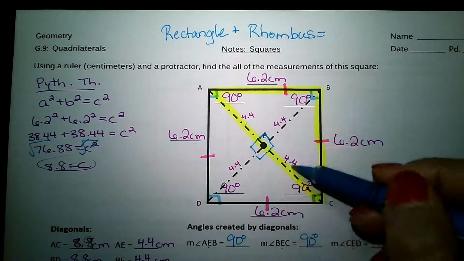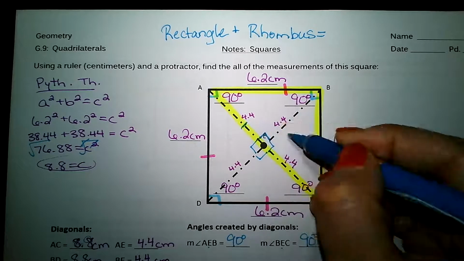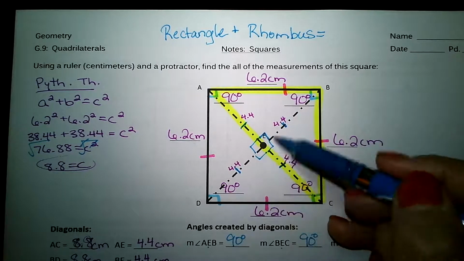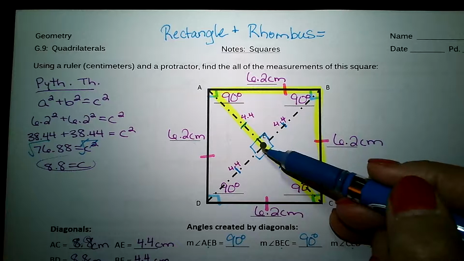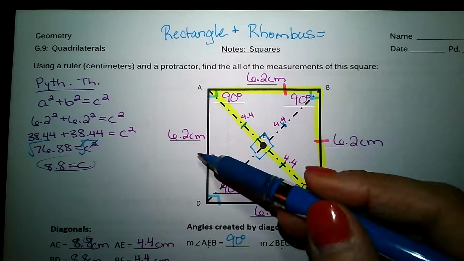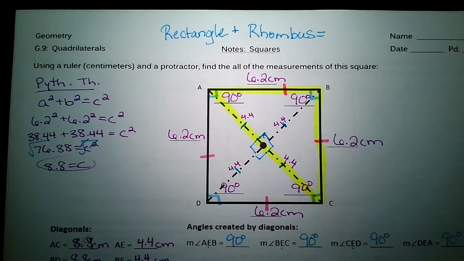They have the congruent pieces here at the diagonals. A rhombus has that 90-degree perpendicular intersection in the middle. A rhombus has 4 sides that are congruent to each other. So a square is really the combination of a rectangle and a rhombus. Let's keep going. Something else super cool is about to happen.